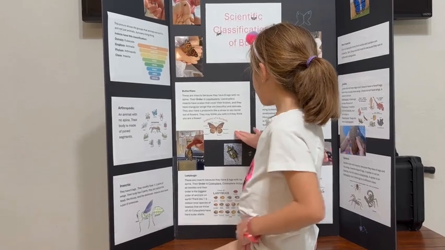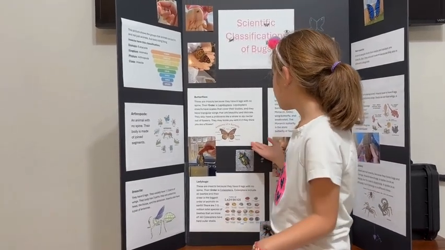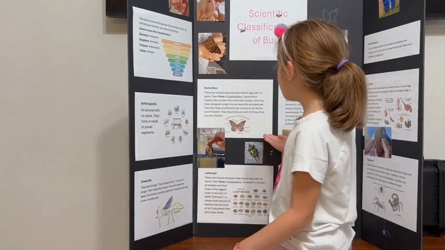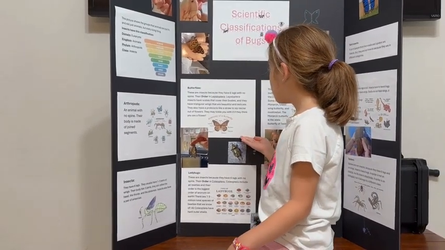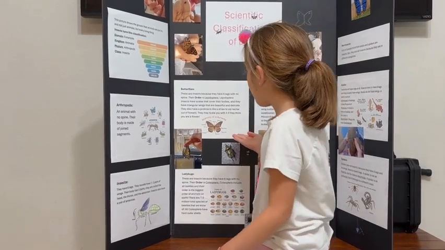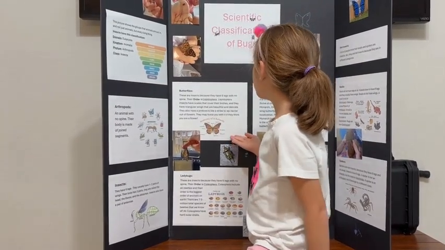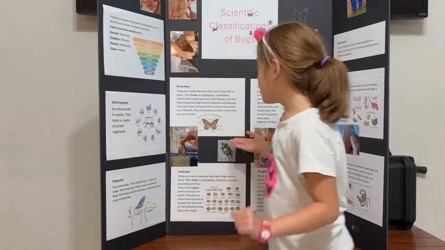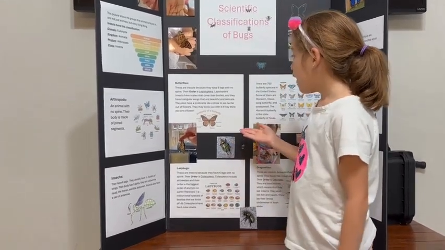Butterflies. These are insects because they have 6 legs with no spine. Their order is Lepidoptera. Lepidoptera insects have scales that cover their bodies, and they have triangular wings that are beautiful and delicate.